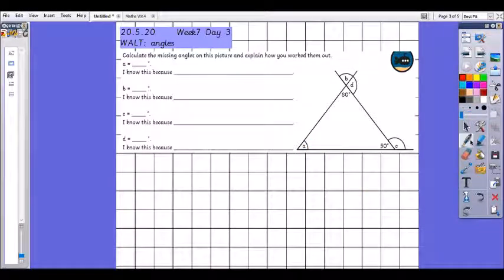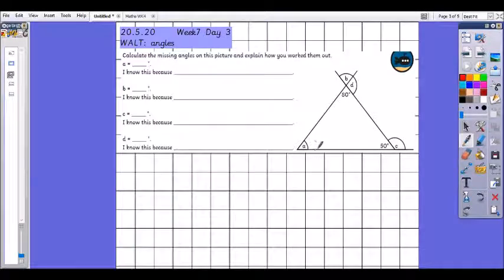I've said previously that we know that the angles in a triangle, the internal angles, add up to 180 degrees. We already have two angles in this triangle. We've got 80 degrees here and 50 degrees here.